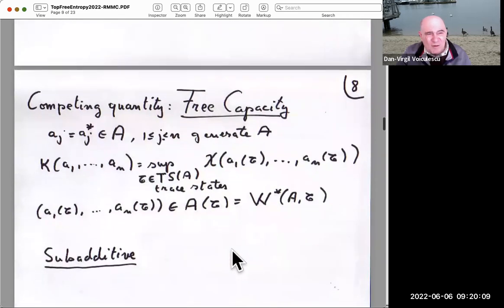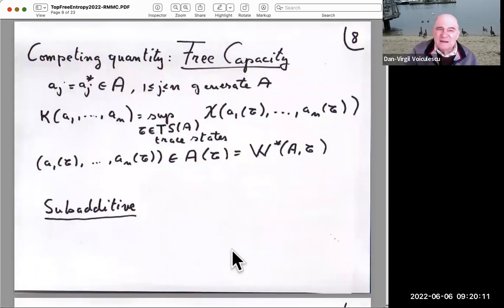So there is this competing quantity, which I'm calling free capacity. You'll see in a moment why I called it capacity. I was looking for a good name, and I found capacity. So I have these n-tuples A1, ..., AN, which generate A, these self-adjoint elements.